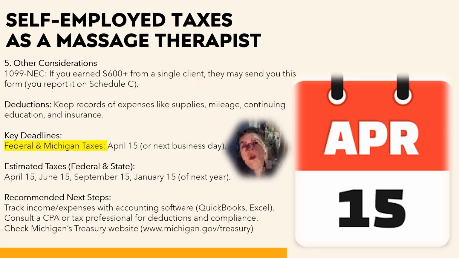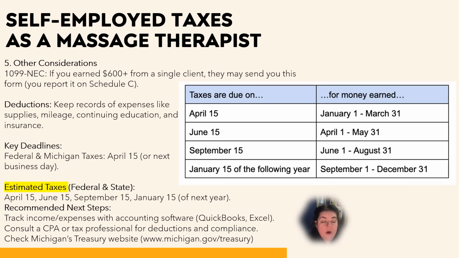Absolutely. All right, so you've compiled all of your tax forms. Now what do? Your federal and your state taxes are due on April 15th. If that falls on a weekend, they are going to be due the next business day. All right, so remember we talked about these 1040 ES, these estimated tax forms, both federal and state.